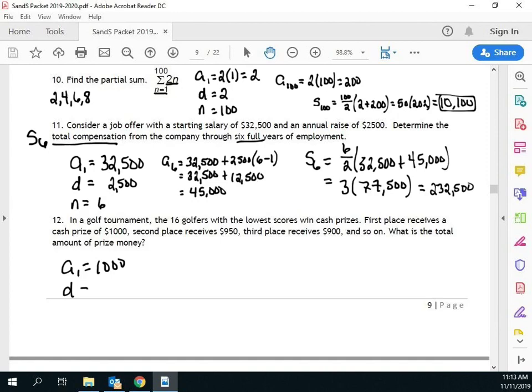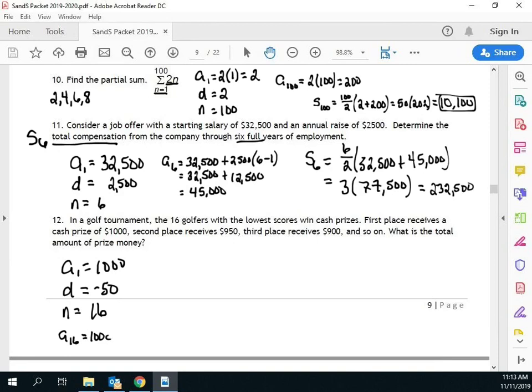What's that common difference? What are we doing every time as we move down places? The worse you get, the less you get, $50. What about how many terms are we going to go down? 16th place, right? And then finally, do we know what the 16th place is getting? We don't. So let's find it, right?